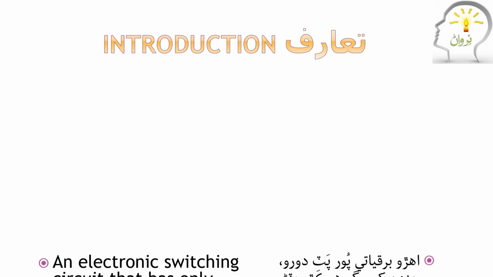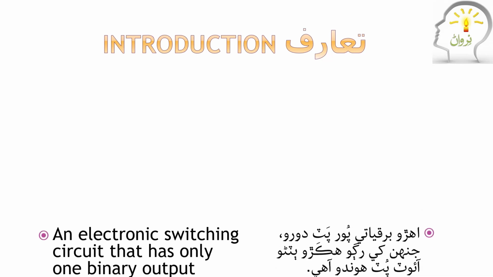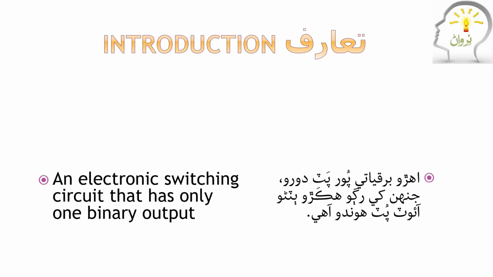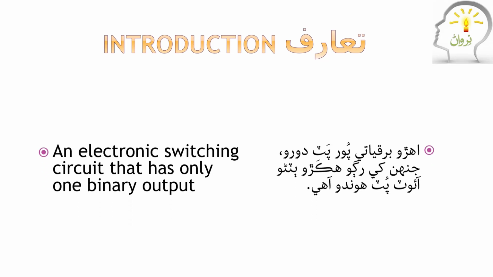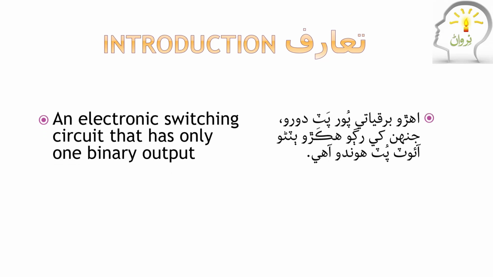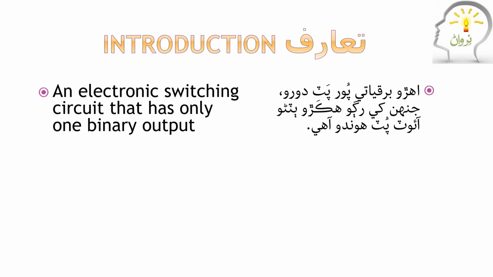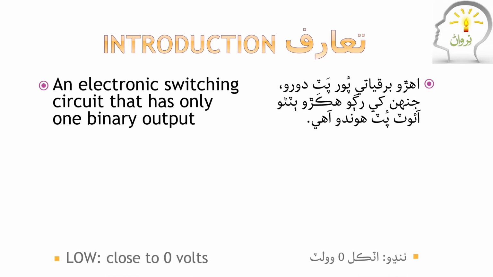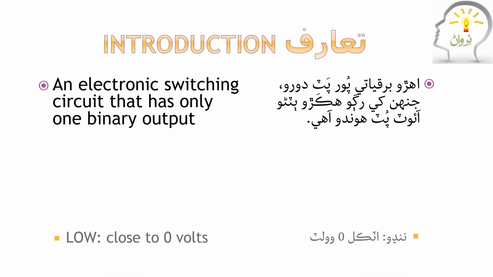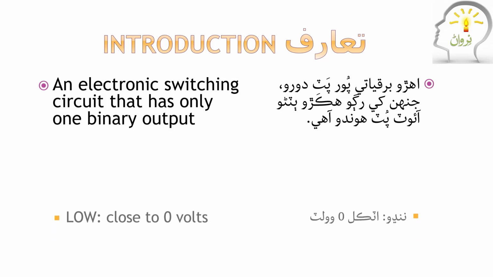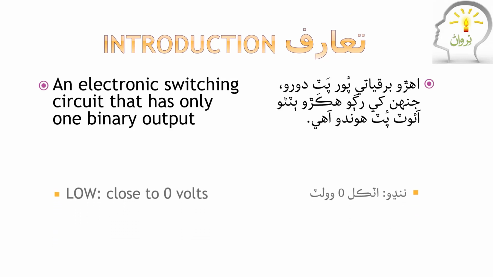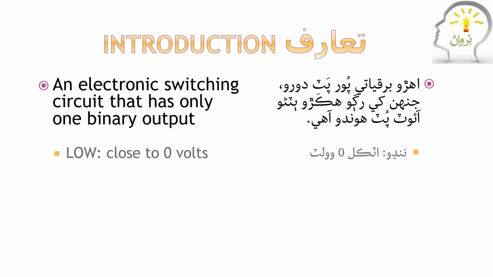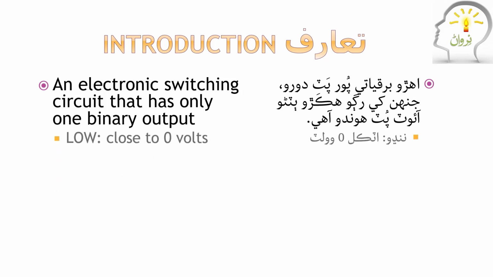First, the introduction. An electronic switching circuit that has only two possible outputs is called a logic gate. This is the definition of a logic gate. It will give you one output which is very close to 0 volts, and that will represent logic low or false.